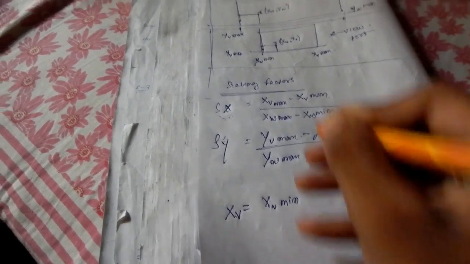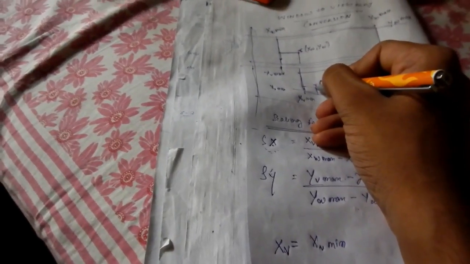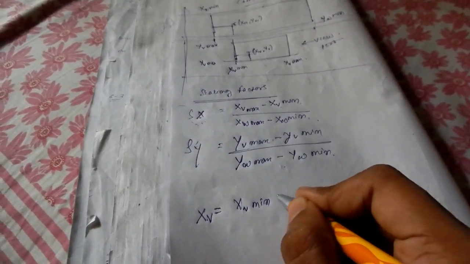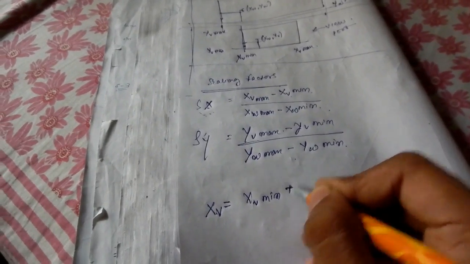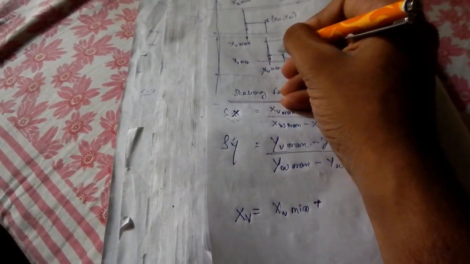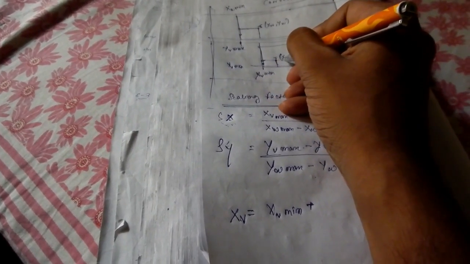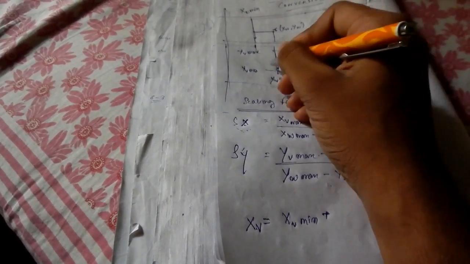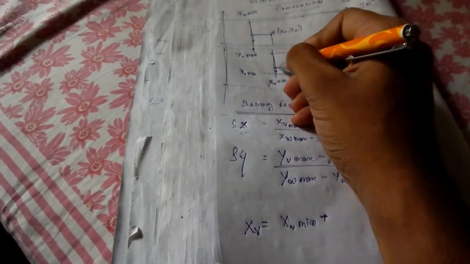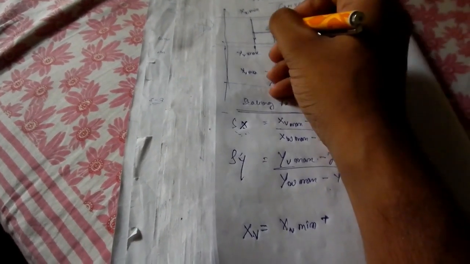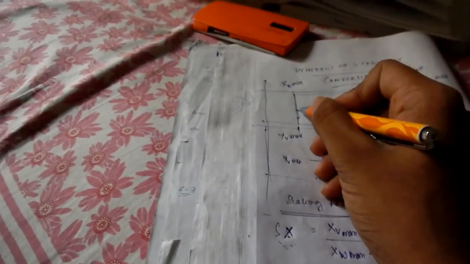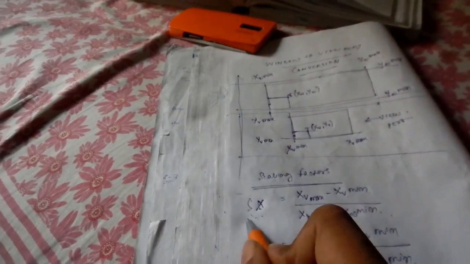xv will be xv min, because this bird is some distance away from xv min, right? So xv min plus I will add a certain distance, which I don't know yet. So how much will this distance be? What is the relation between this distance and this distance? They are related to each other by the scaling factor Sx.